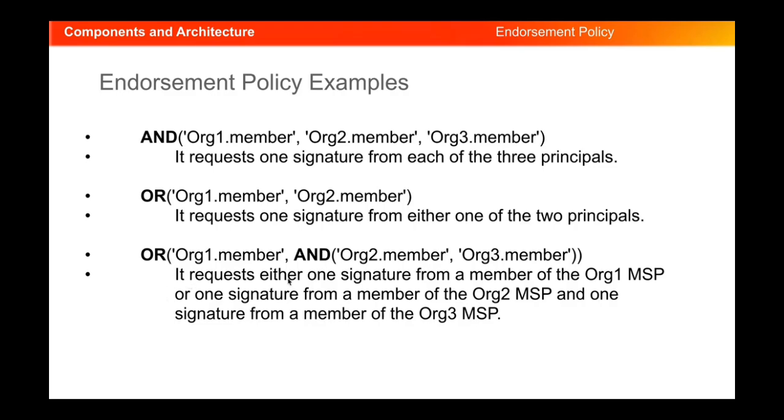This means it requires either one signature from a member of the org1 MSP, or one signature from a member of the org2 MSP and one signature from a member of the org3 MSP. It is just like the AND and OR that we usually follow in any computer science activity.